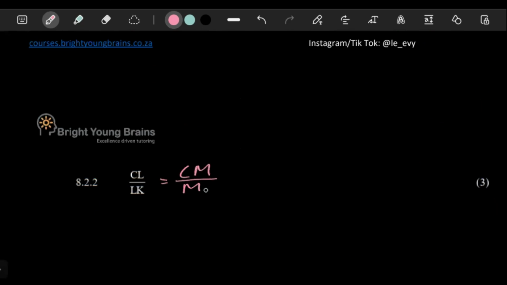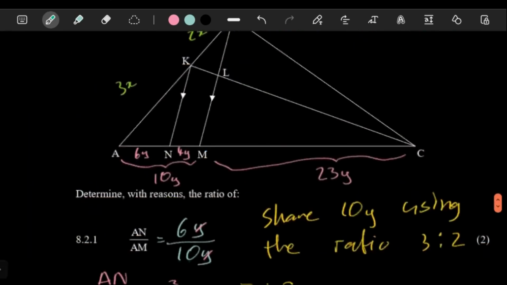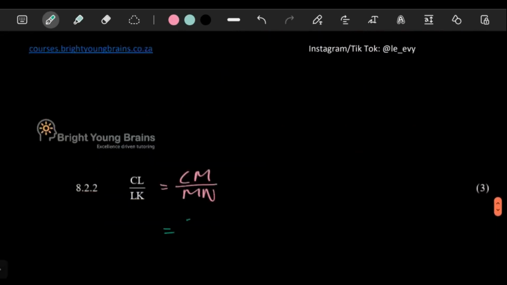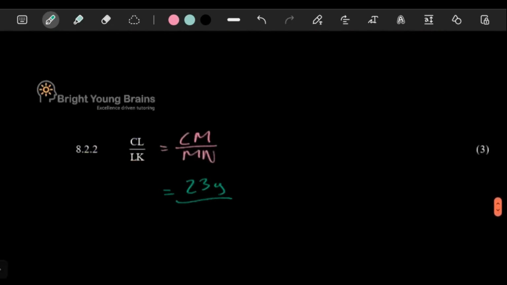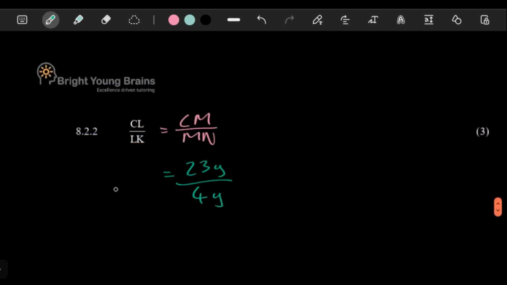CM is going to be equal to 23y, and MN is going to be 4y. These are equal because of the proportionality theorem, and we have to give a reason here: prop theorem. So this is just going to be equal to 23y over 4y.